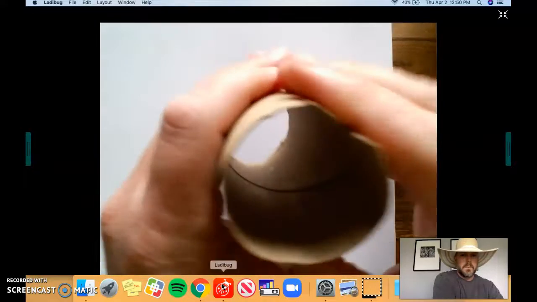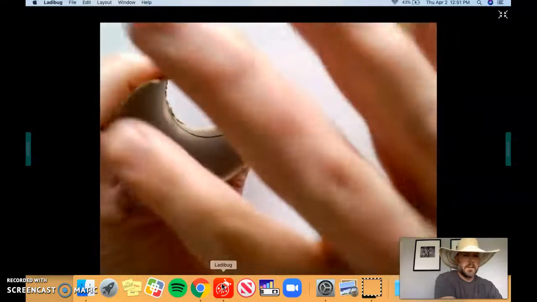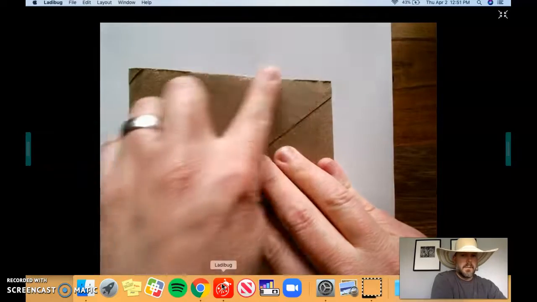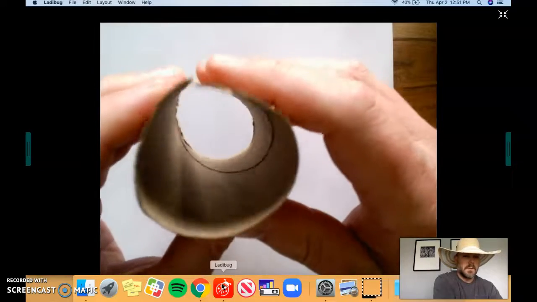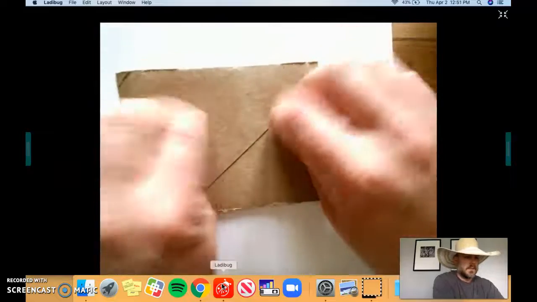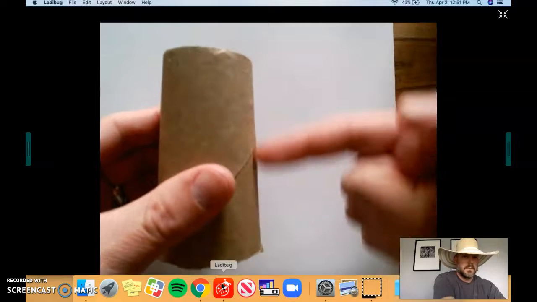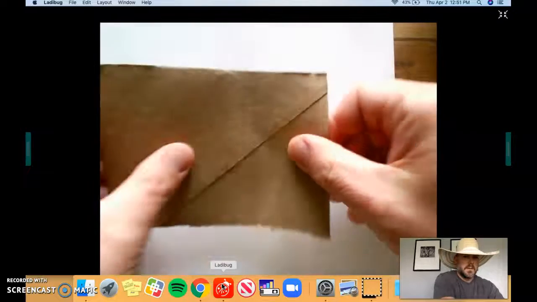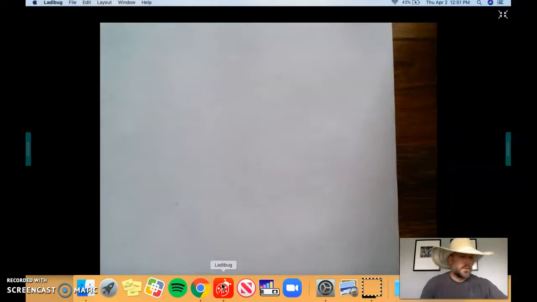So the circumference of the circle on top of the cylinder is the length of the rectangle. And the height of the cylinder, this measurement right here, is the other side of the rectangle.